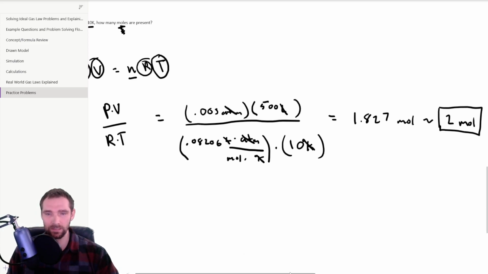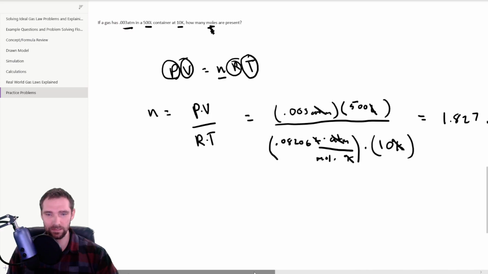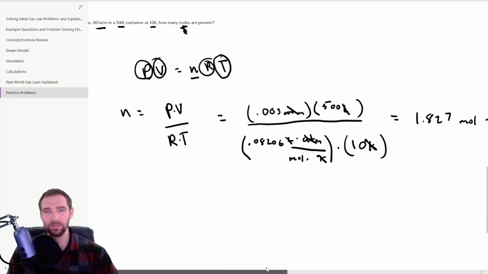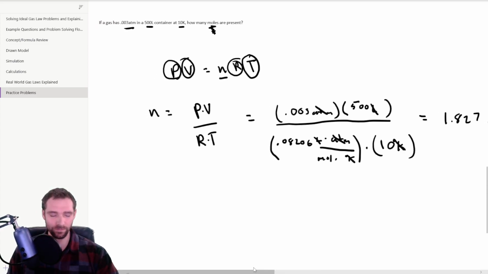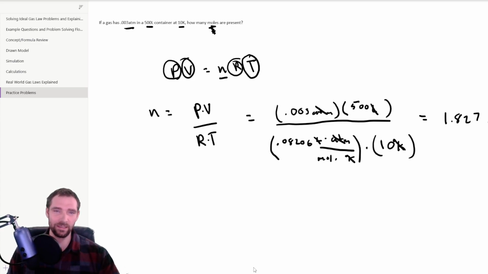And you can always plug the number back into PV equals nRT and see if it makes sense, though I know that people kind of don't want to do that math. If you know your exponent rules, you can just double check that it's in the right ballpark, because I basically have 10 up to the 3 and 10 up to the negative 3 being multiplied together here.